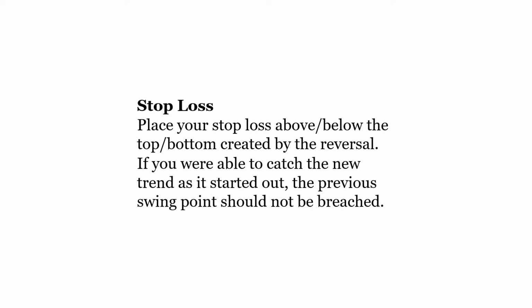Let me just give you a quick visual representation. You have a trend going up, and then you have a divergence. Let's say a standard bearish reversal. So you have this line.